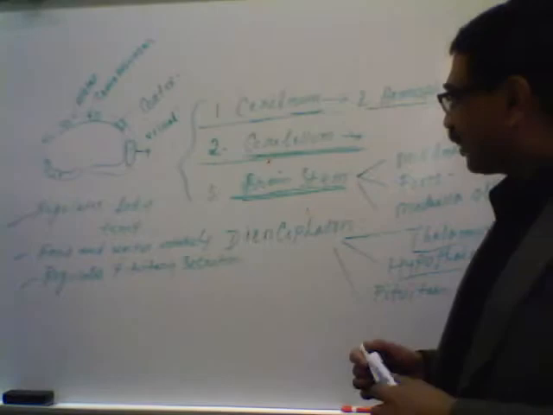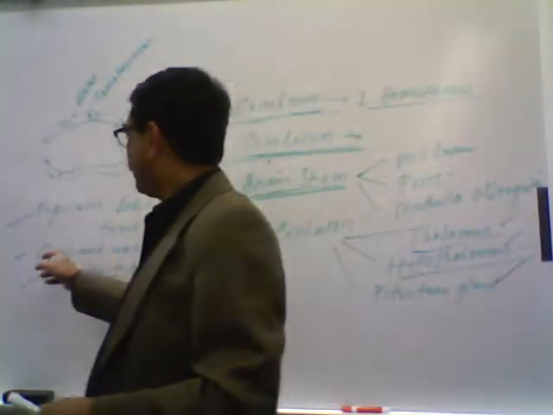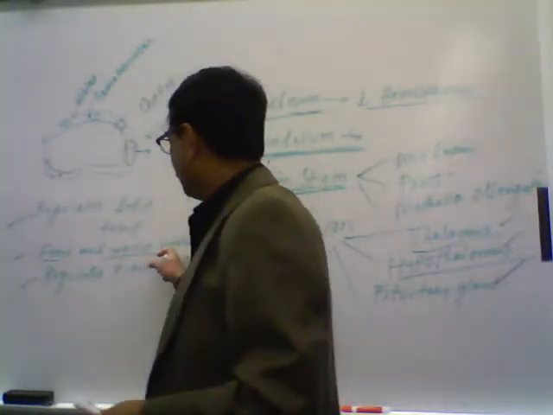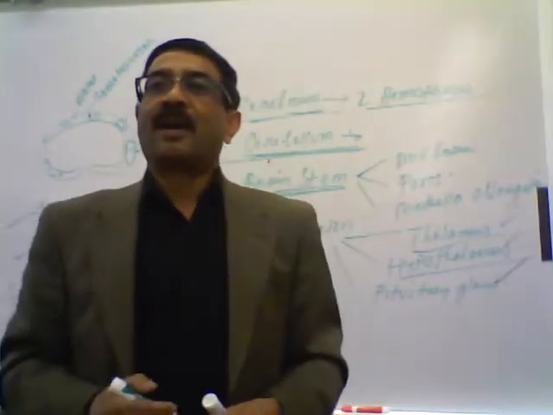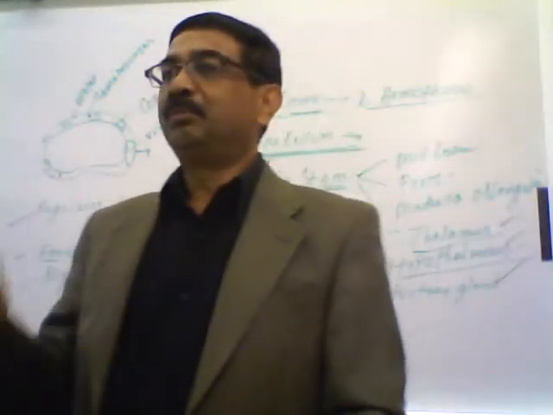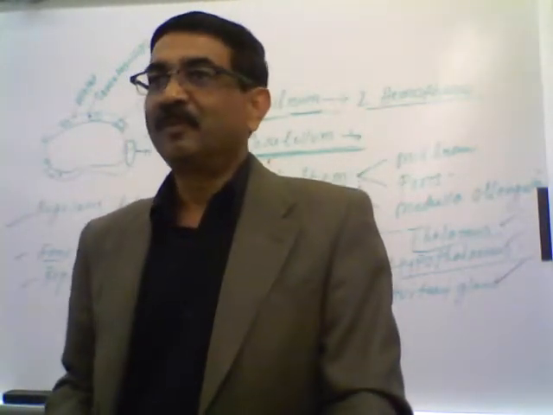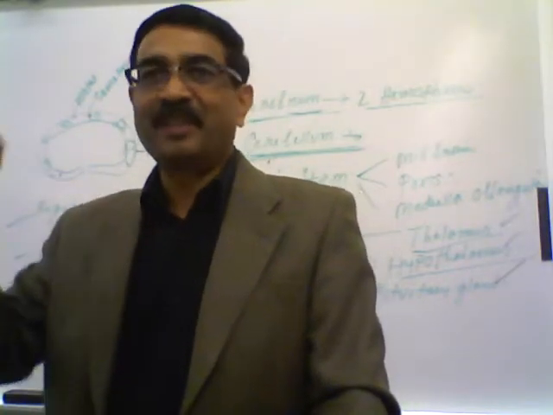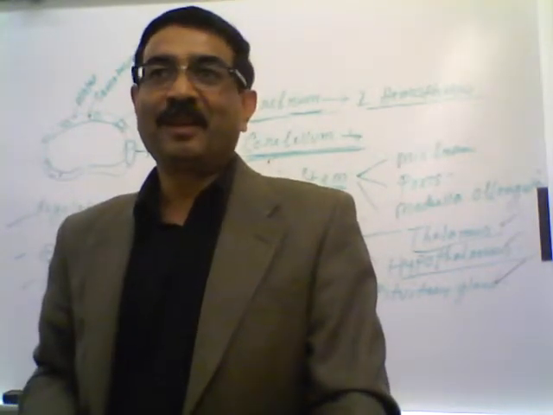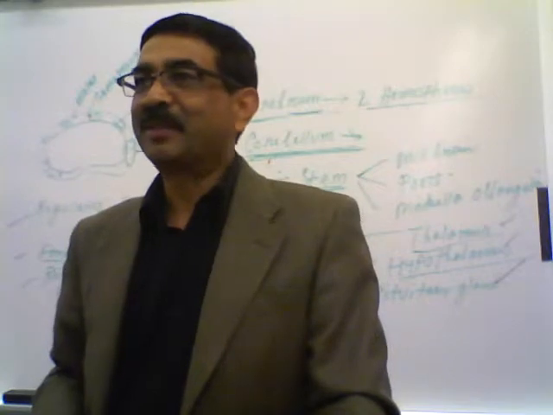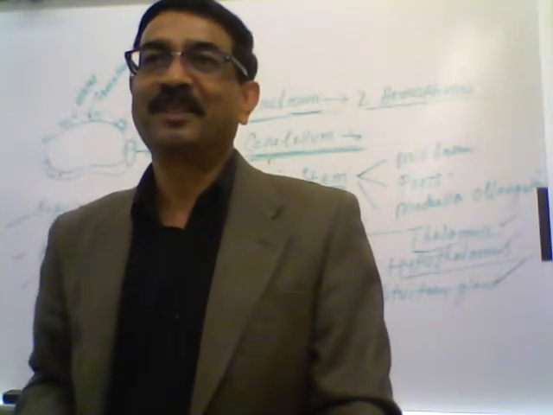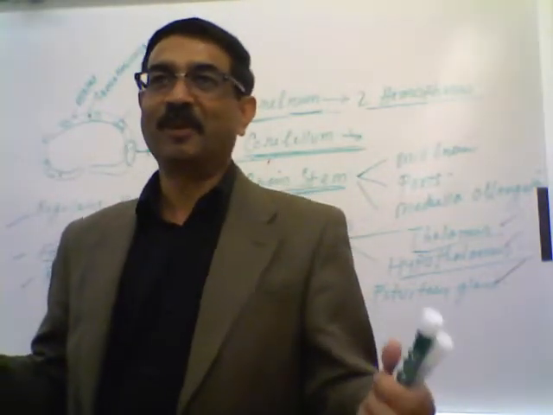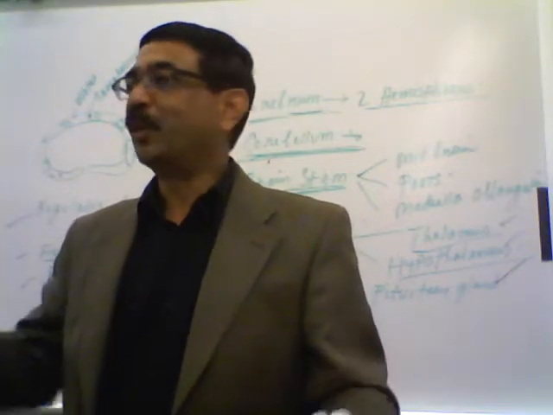How does hypothalamus control the food and water intake? You know, when you are hungry, you start eating, right? And then after a few minutes, what happens? You start to lose interest. I'm done. I'm no more hungry, right? So at one point you stop.